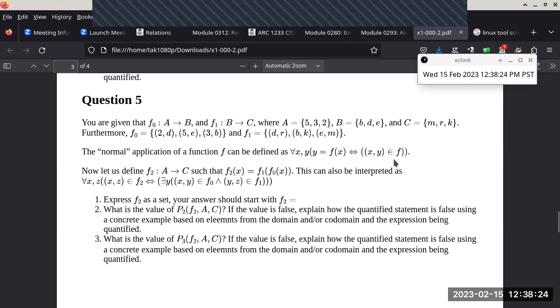This part here is identical to question number 3, which is a notation kind of thing, because there are some people who are more familiar with the notation of applying function f to an element in the domain, getting a value in the codomain in this particular format. But since we have been talking about a function being no more than a set of 2-tuples, this is the alternative way of looking at exactly the same thing.